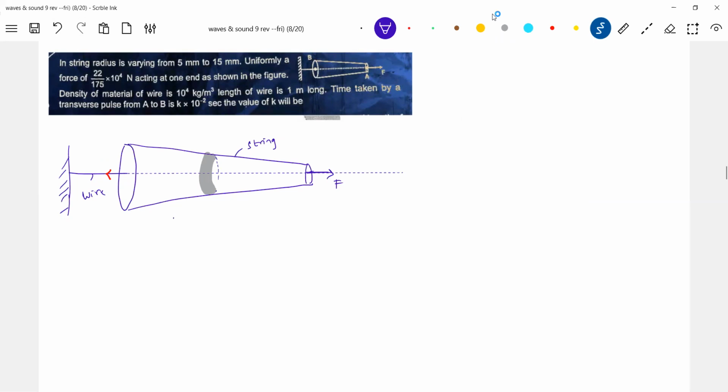So the radius of this is R2, or A, B, whatever symbols you like. The length of the rod is L along the axis. So the wave is propagating, and we need the time taken by the pulse to move from A to B. This is x, and this is L. Let the radius here be R. I think we'll go for one triangle.